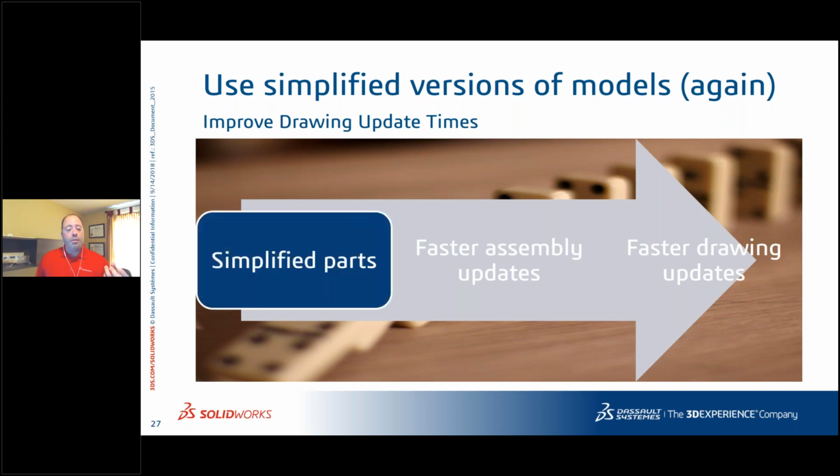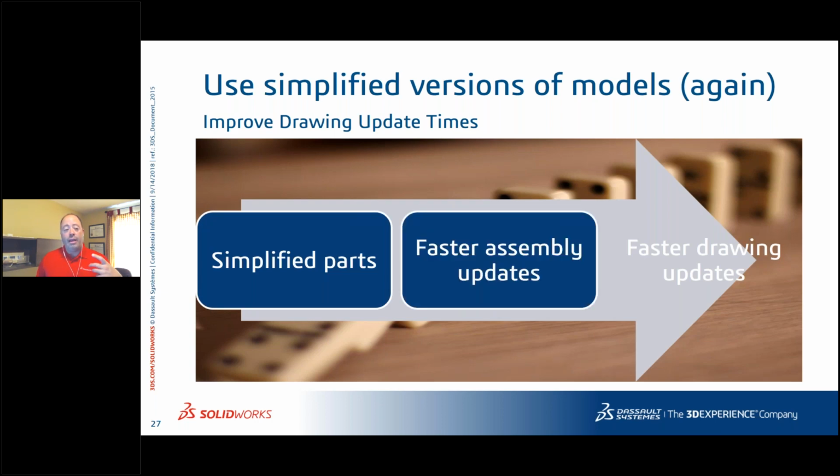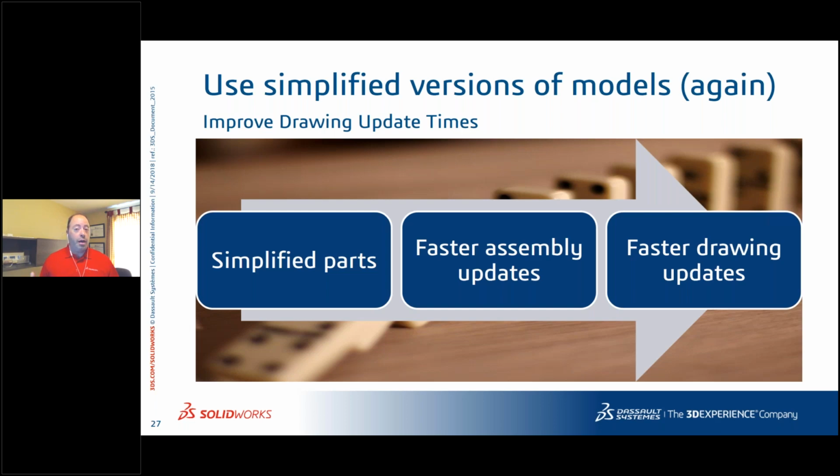So if you take the time to simplify a part, that's going to make your assembly faster. And if your assemblies are faster, your drawings are going to be faster in the update time. I'm talking about when you're doing a rebuild. Everything in drawings, you can trace that back, has an effect, way back down to when you started parts. And that's something I mentioned in my first webinar.